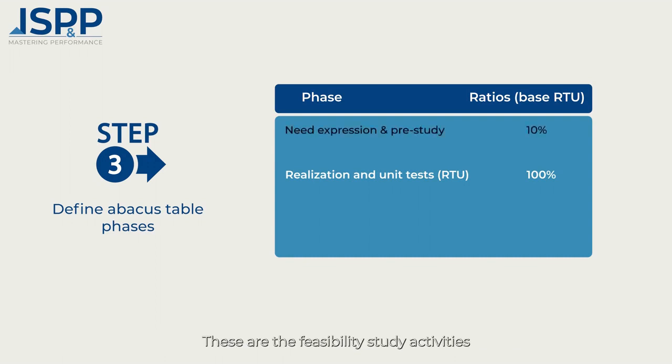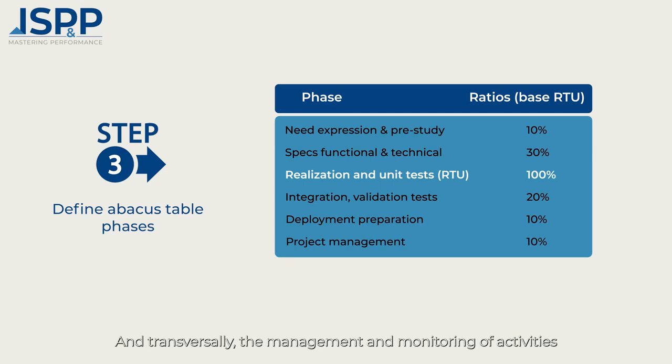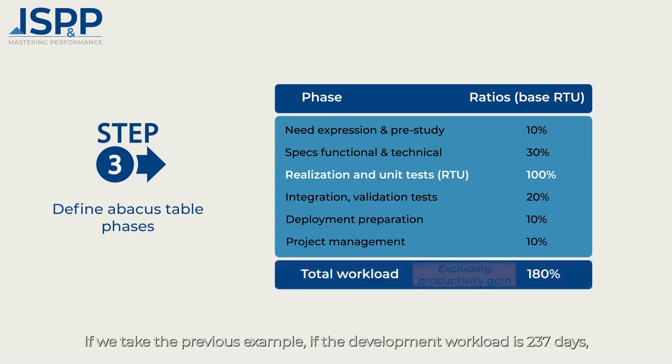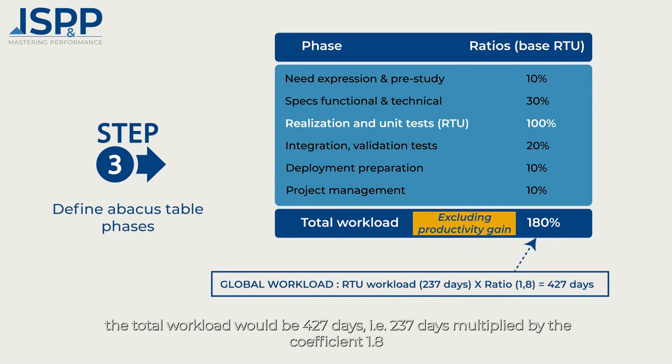These include feasibility study activities, functional and technical specifications, development including unit testing, integration testing, validation and acceptance testing, preparation and deployment, and, in a cross-functional manner, management and monitoring of activities. In the previous example, if the development workload is 237 days, the overall implementation would be 427 days, which is 237 days multiplied by 1.8.